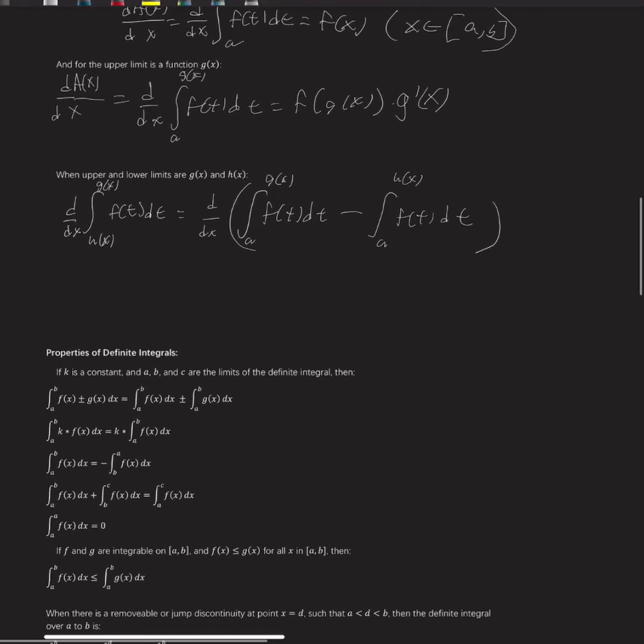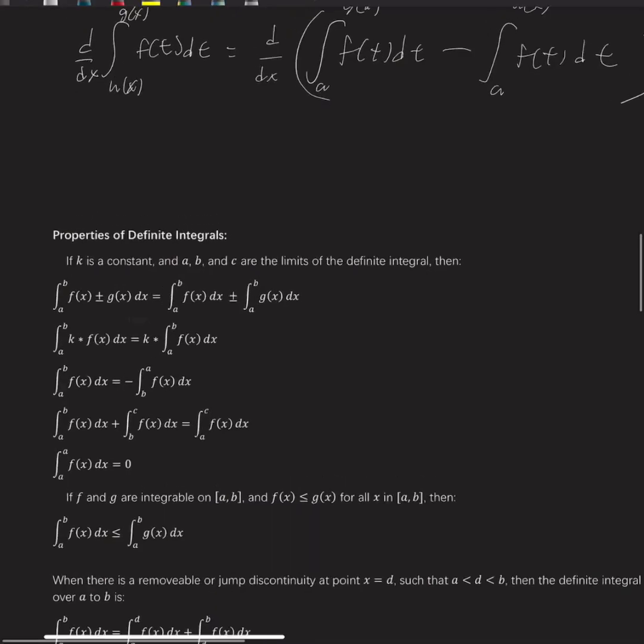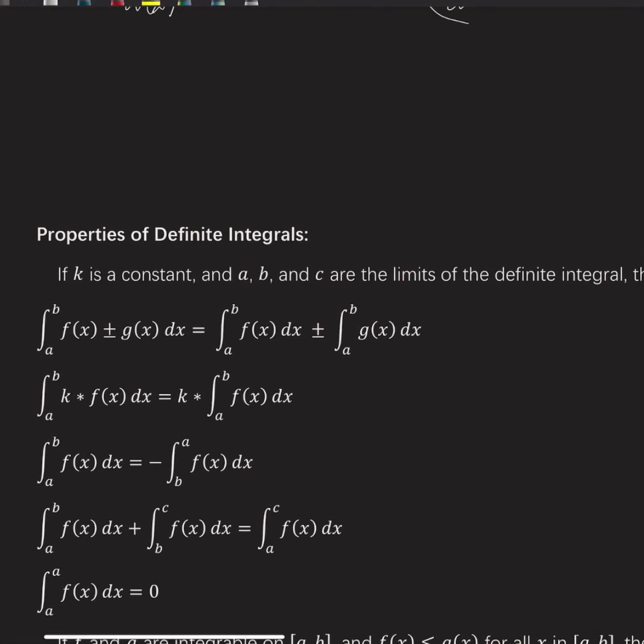And now we will discuss the properties of the definite integral. First, the sum rule and difference rule. It's the same as for derivatives. If you have f plus or minus g of x, it's equal to the integral of f of x dx plus or minus the integral of g of x dx.